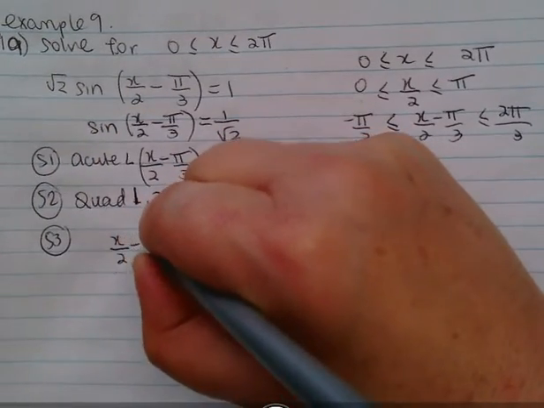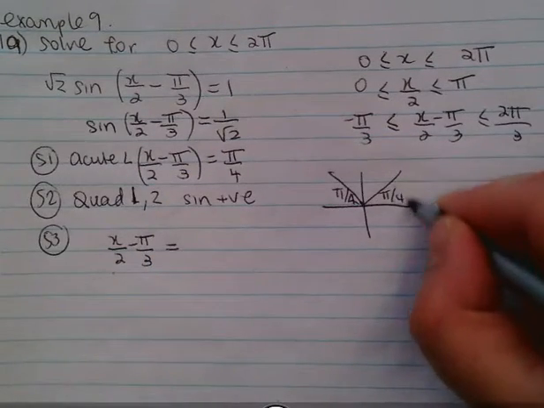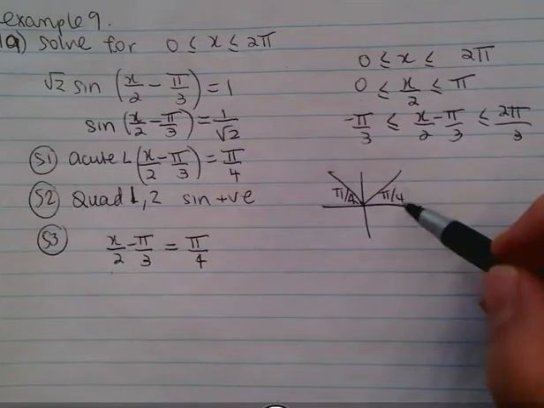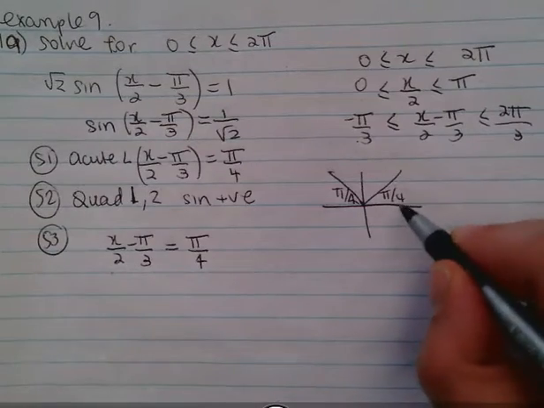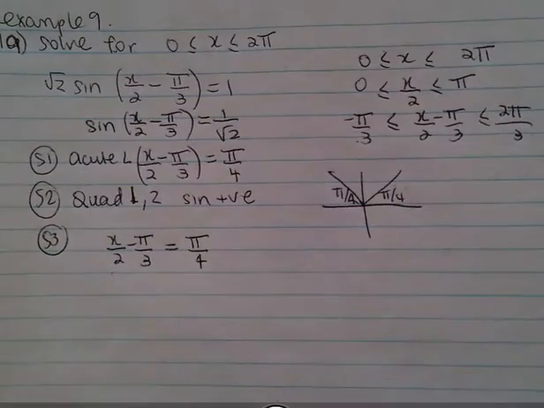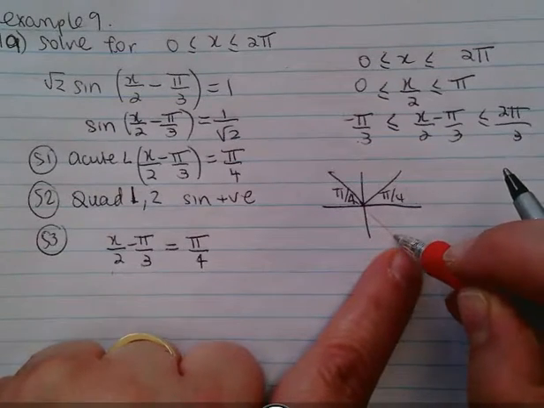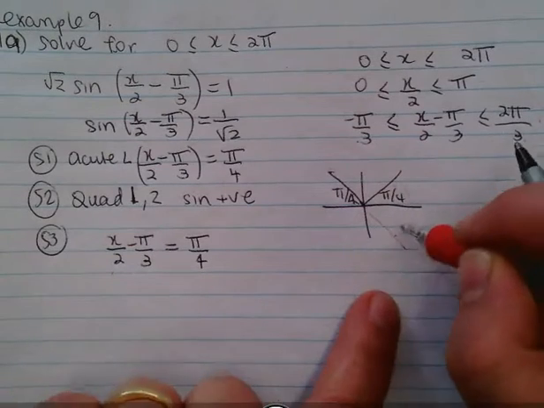So x on 2 minus pi on 3 is, so my quadrant 1 result is pi on 4. That's good. That definitely lies between negative 60 and 120. Now, you're actually supposed to really start at negative 60. So if I say negative 60 is about here, and I'm going through to 120. See, this is 120 degrees.